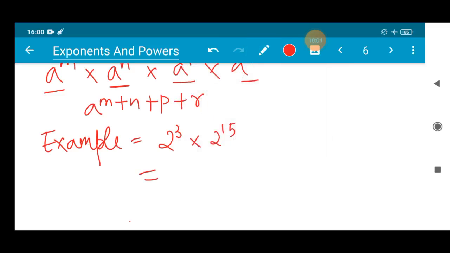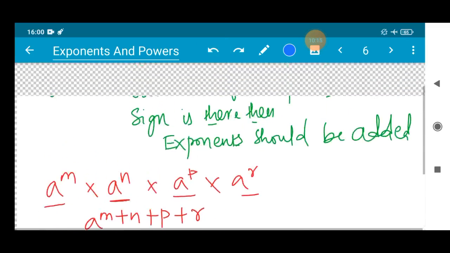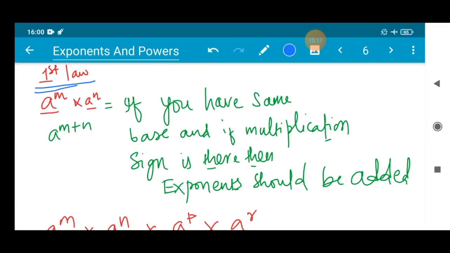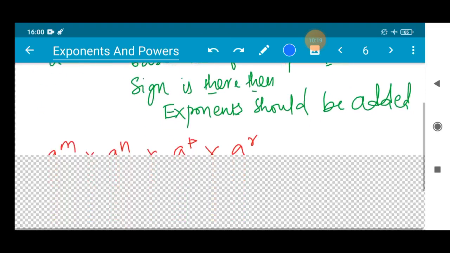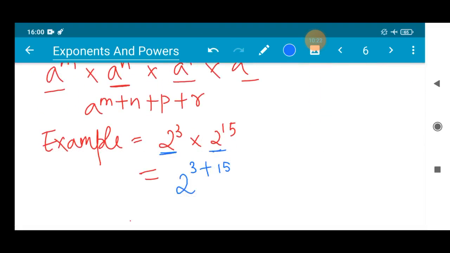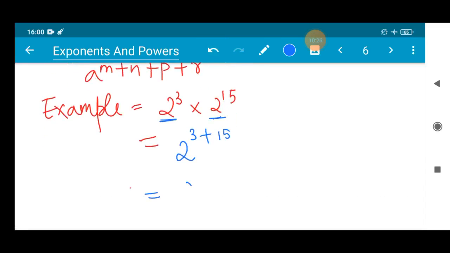That means when you have the same base 2, write one base there and add the powers. And also remember, you have a multiplication sign. That is the rule we have applied just now, the first law or the first rule of exponents. That is, when you have the same base and if a multiplication sign is there, then the powers should be added. So 2 to the power 18 will be the value. This should be the answer. So this is the example I've given here.